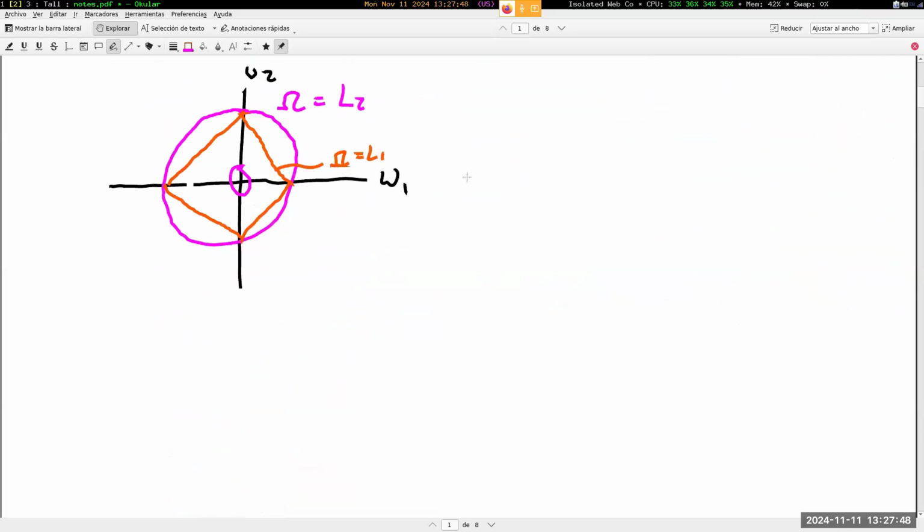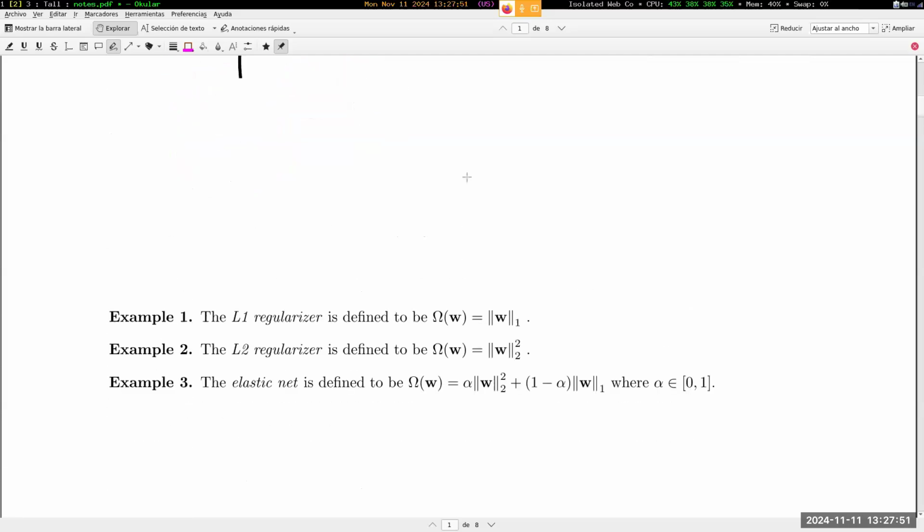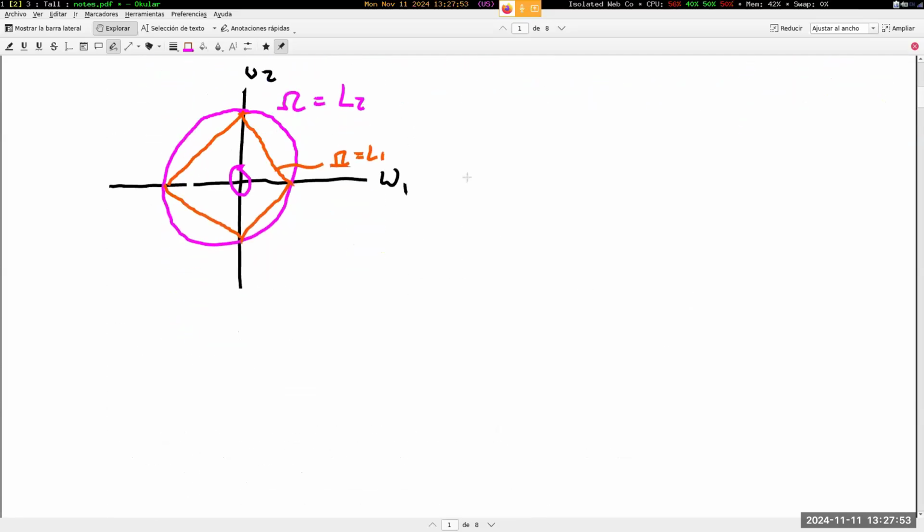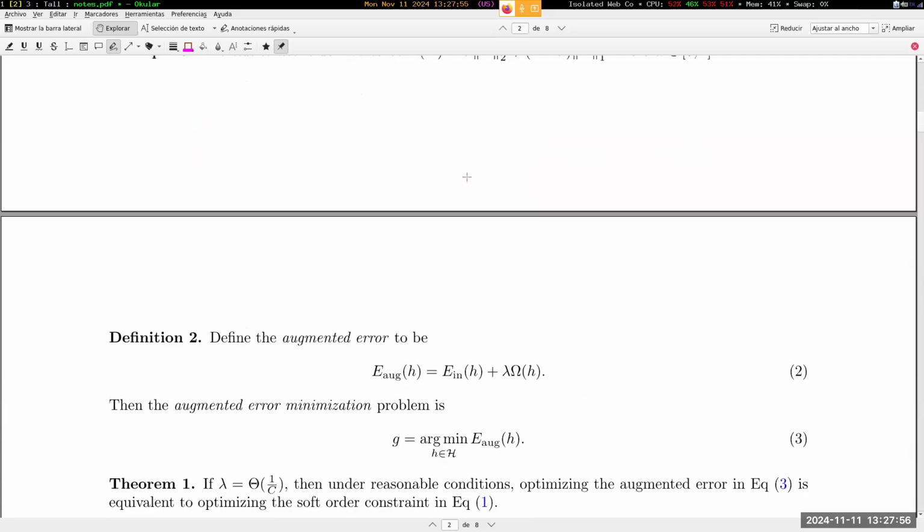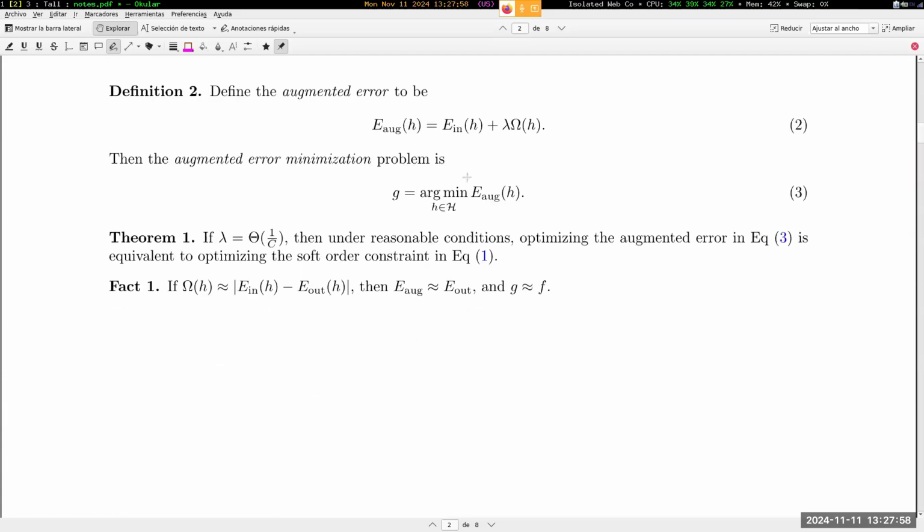The next page will go on to an equivalent version of regularization that will give us a little bit more insight into the statistics of what's going on, but it's really going to be more useful from a computational perspective. So this definition 2 right here about the augmented error is our second equivalent definition of regularization. And here in augmented error, this line 3 right here is our new optimization problem where we are no longer optimizing E in directly.